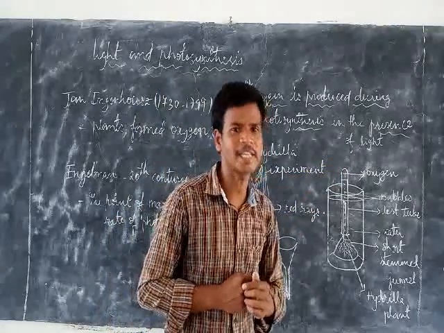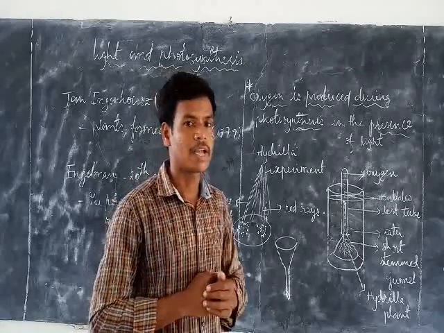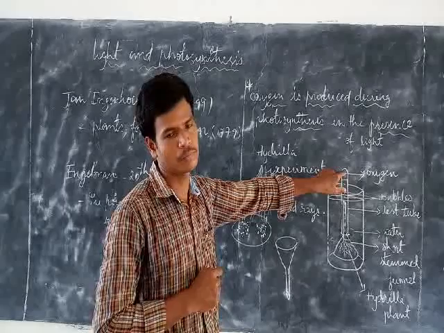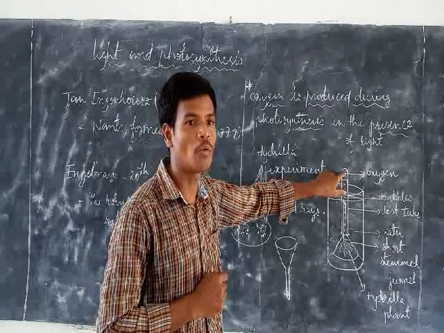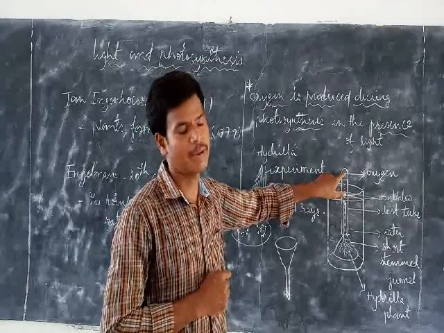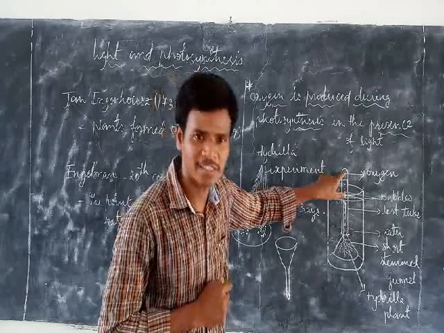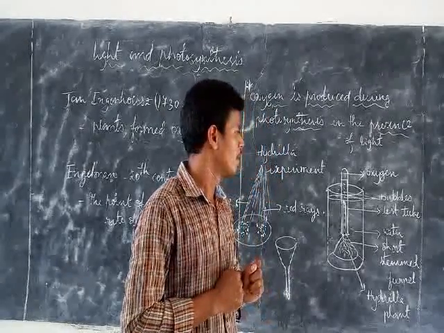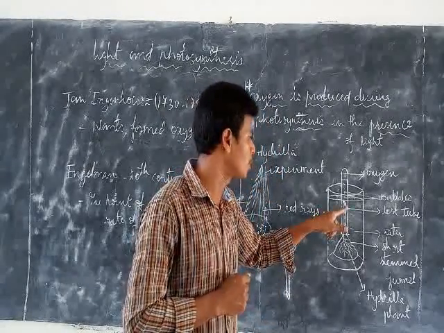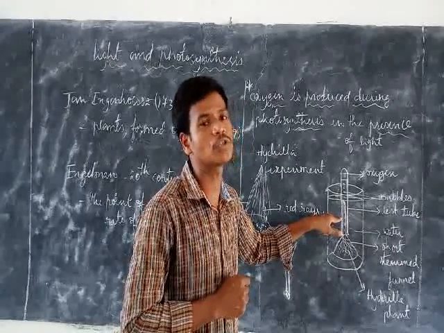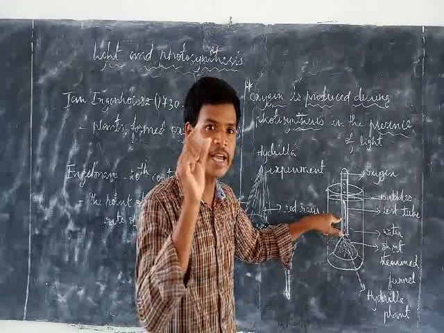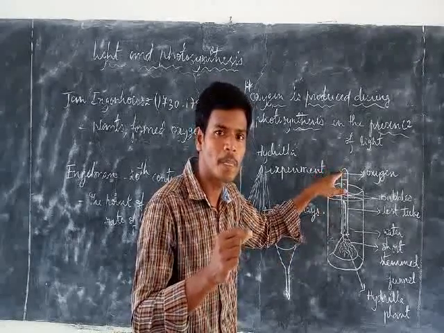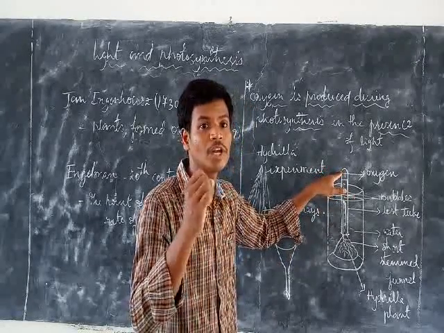Okay. Then how can we test that gas that is stored at the end of the test tube? By inserting a glowing matchstick. Okay. So listen, if you insert a glowing matchstick into the test tube, it will glow.